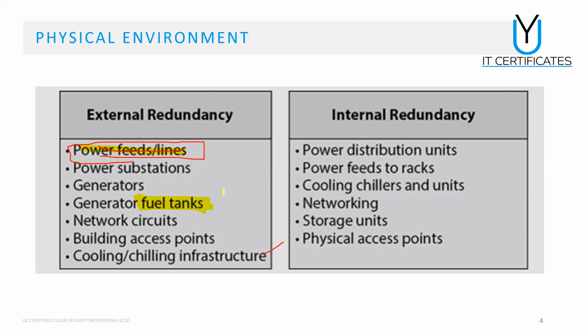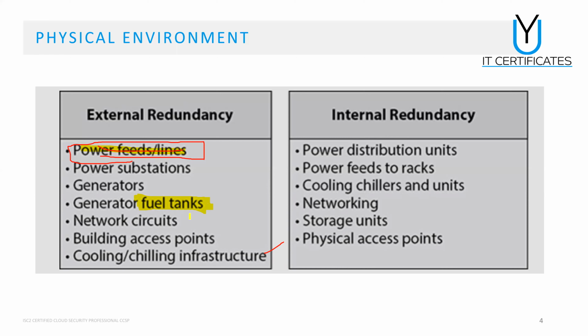If they faced any problem with the power, the generator would automatically take over. One day the power was off, and after a few hours, we found that the whole data center was down. When we made the investigation, we found that the generator did not have fuel. This means that the person responsible for providing the fuel for the generator was not doing his job properly, or there was some problem, whatever the reasons, but by the end of the day, the data center was down, although we had the generator.